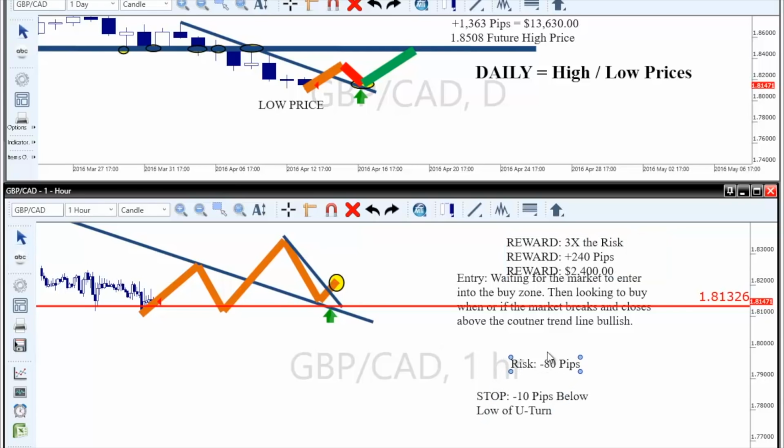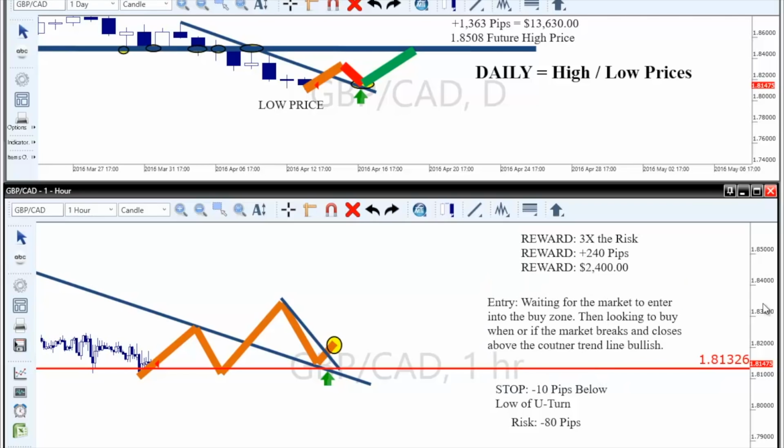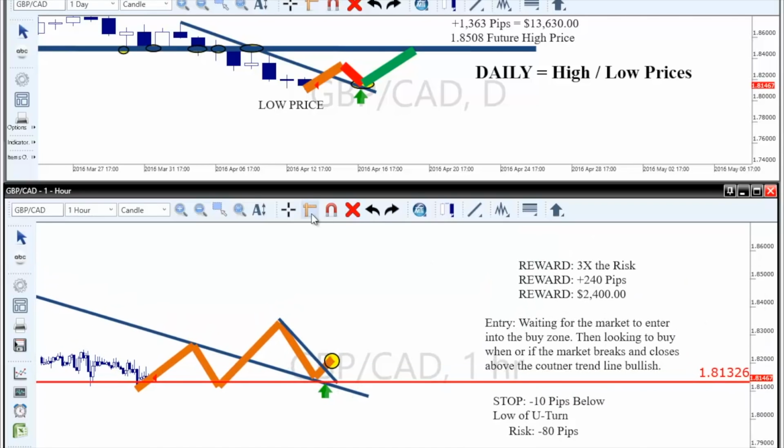Now, I want you to think about the logic behind this as I'm setting this up. I am looking to win 3 times the amount that I lose. 240 would be 84.33.